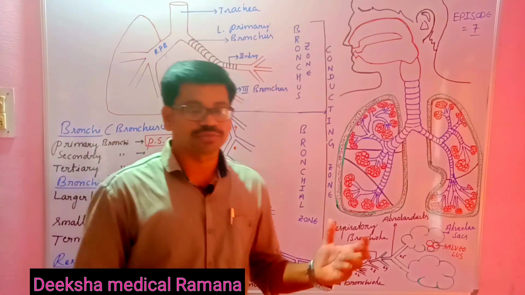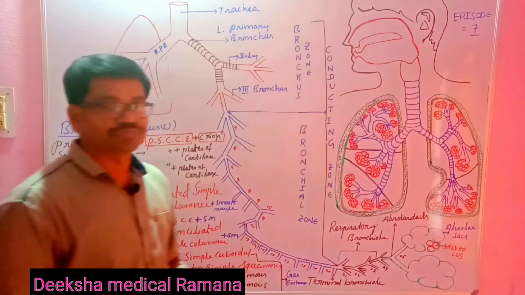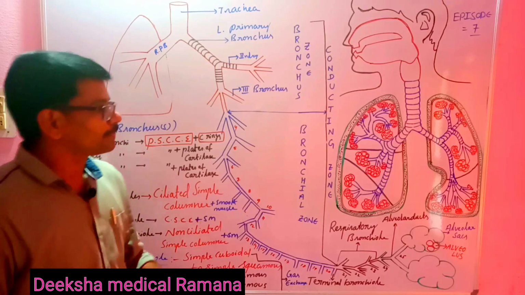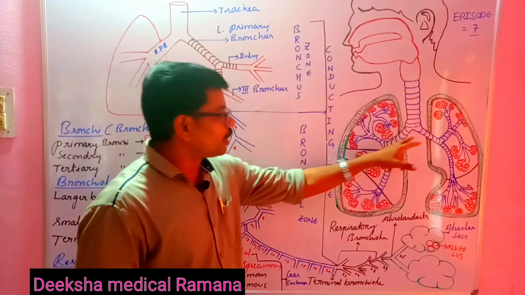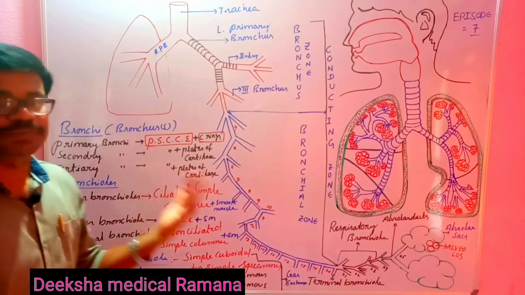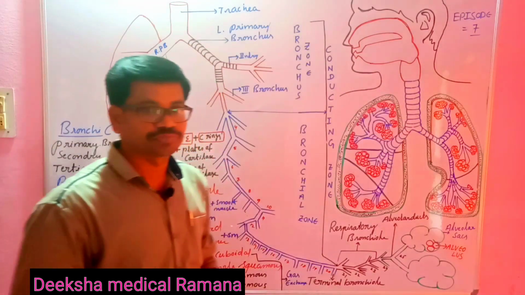Today we are going to continue episode 7. In this lecture, we are going to talk about the continuity part of the bronchi and bronchiole tree. In the previous lecture, we completed up to the trachea.